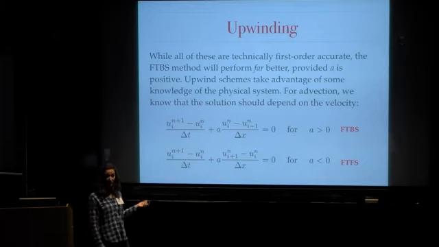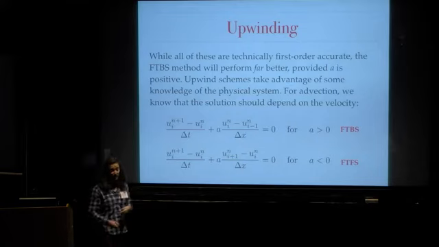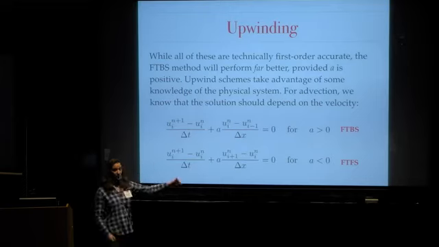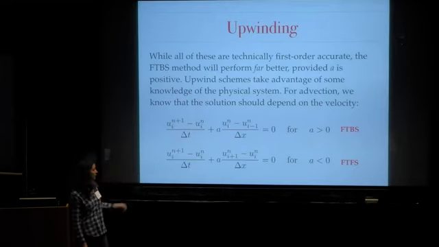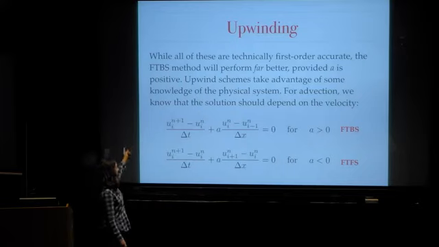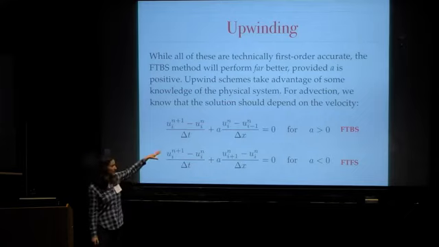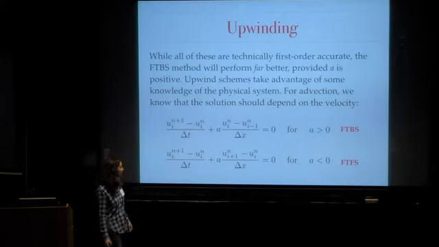In the case of advection, we can use forward time, forward space, or forward time, backward space, depending on the actual direction of travel of the wave. That's essentially what this says: this is now our finite difference approximation for the advection equation, but taking into account that we understand something about the physics of the system.